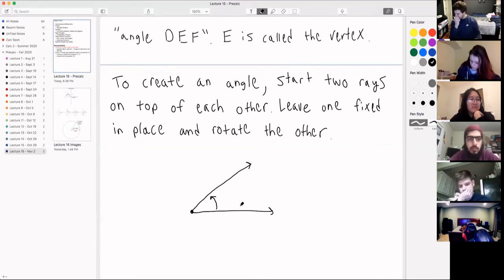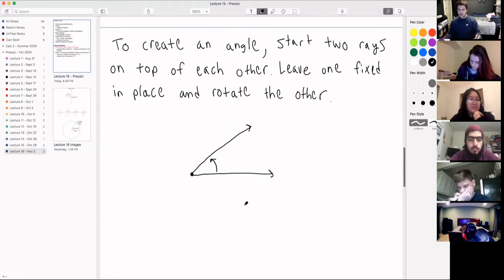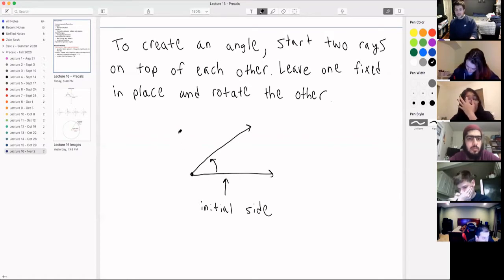Okay. So we also have some terminology attached to this diagram. That's called the initial side. This is the ray that remains fixed. That's the initial side. And this one is called the terminal side.